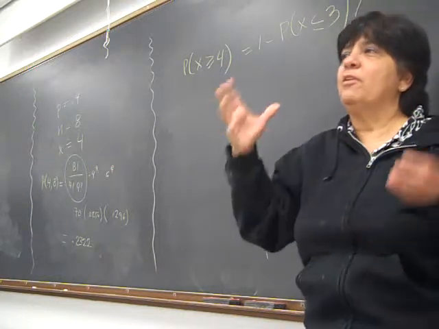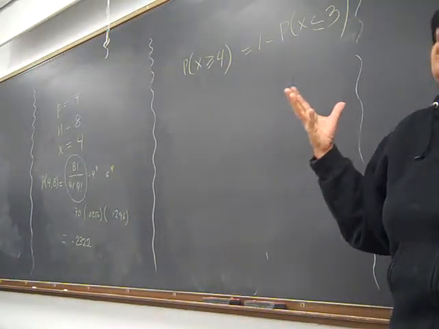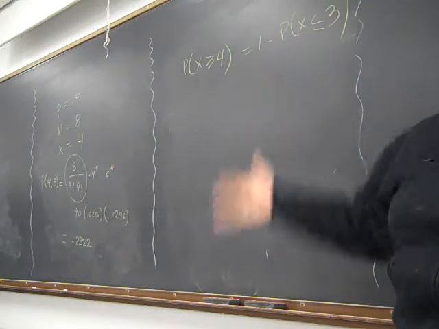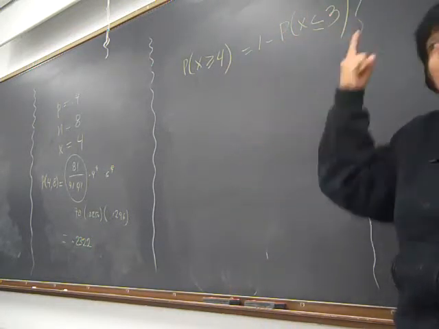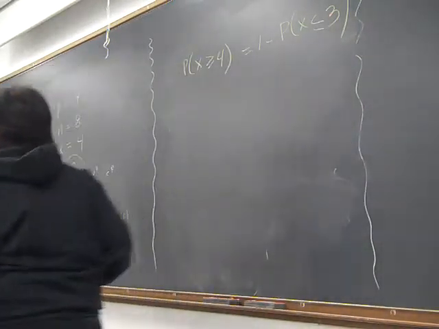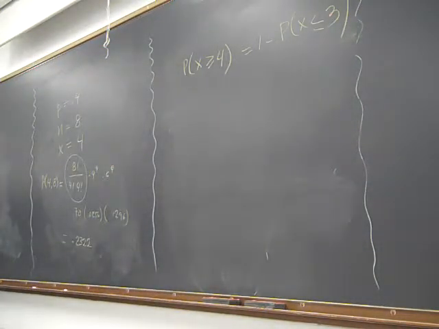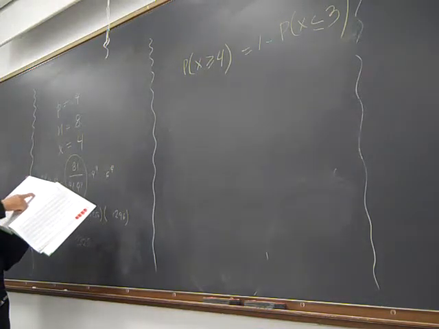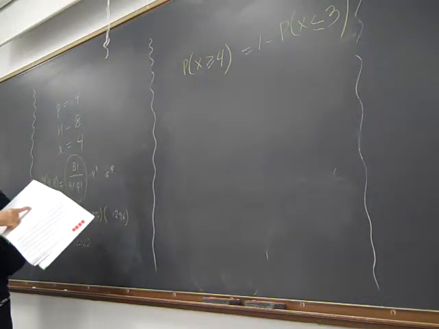Right? Remember, these are probability distribution functions, and when I add all the possibilities, it has to be what? Equal to 1. So if I add all the numbers on the table, from the 0 to the 9 or whatever it is, it has to be equal to 1.